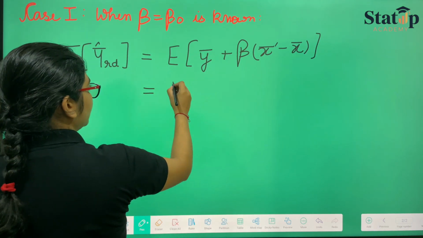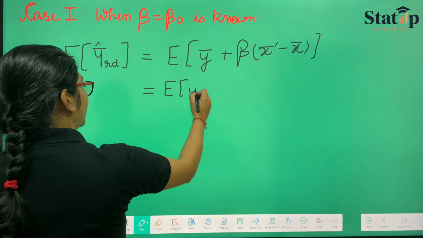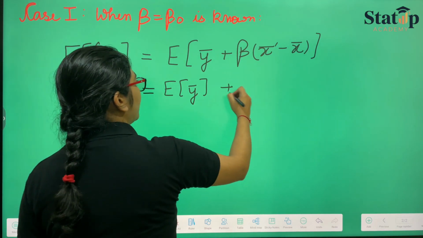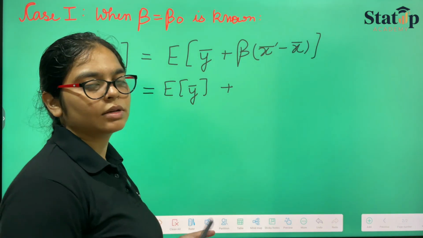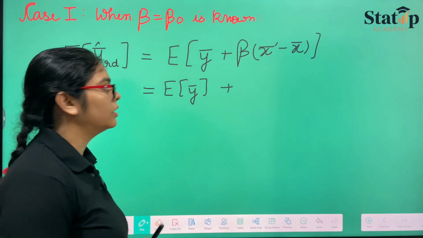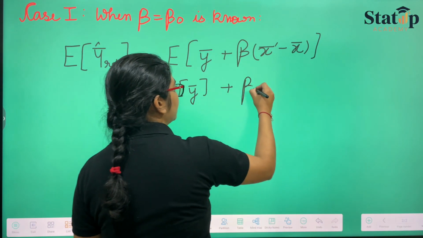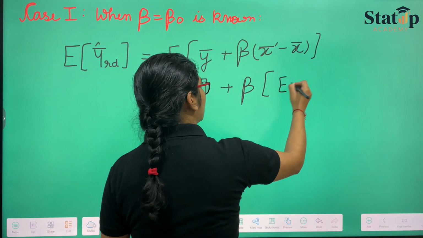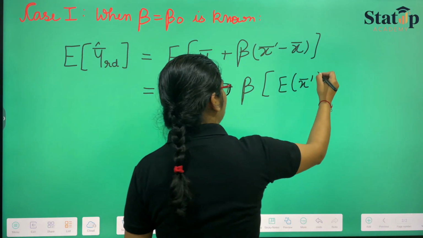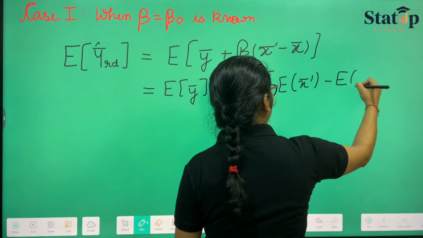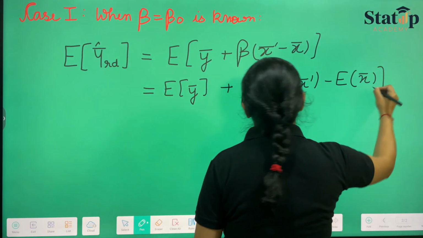This is the expectation of y bar, and the expectations of x bar prime and x bar are both capital X bar, so it will be beta into the expectation of x bar prime minus the expectation of small x bar.